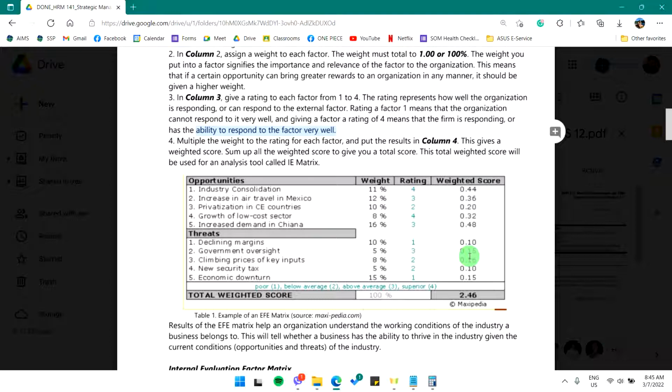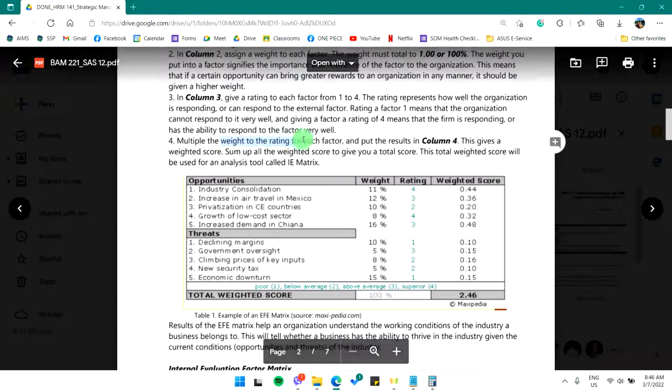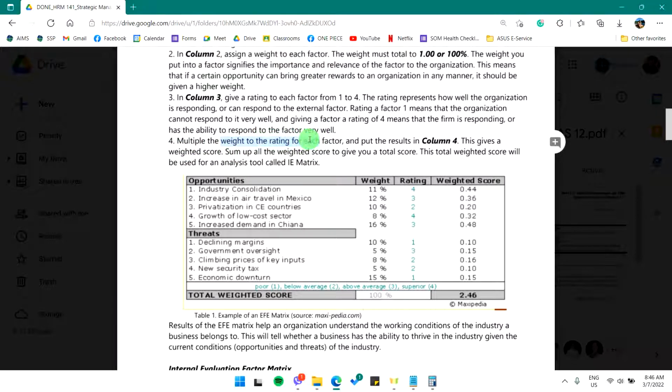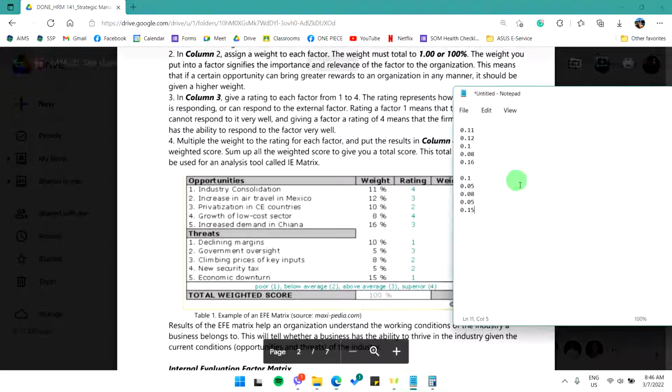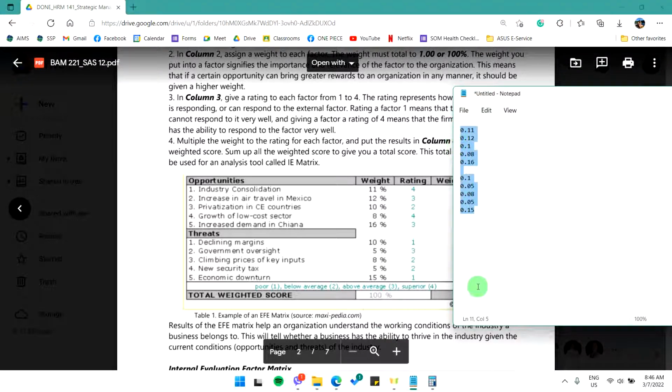And then, after that, we have to multiply the weight value to the rating for each factor and put the results in column number 4. Kaya ngayon, very much recommended din sa mga students and sa business perspective na ganito ang gagawin natin. Naka-decimal point siya.